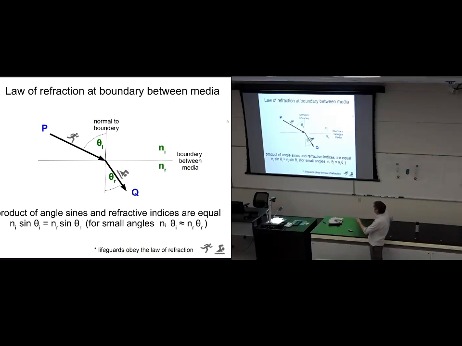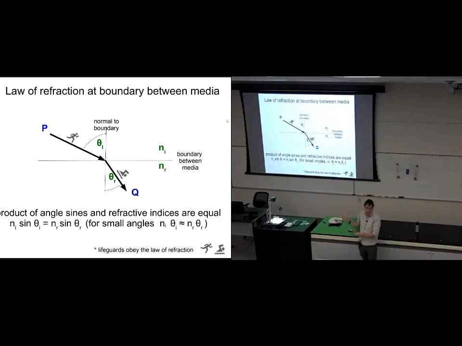Here comes the incoming ray, what we call the incident ray, at angle theta I. Here goes the exiting ray, what we call the refracted ray, at angle theta R. And here you see these two angles are different. This light ray got bent. It got bent in accord with the law of refraction, which I wrote down here.